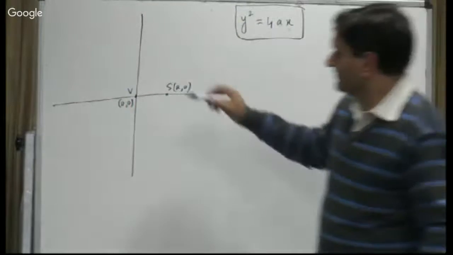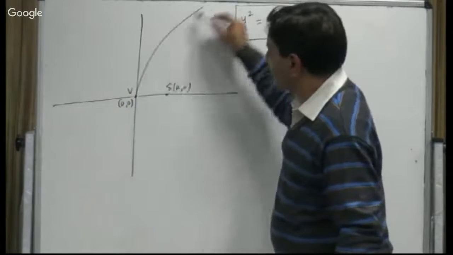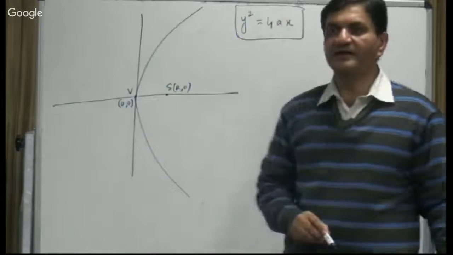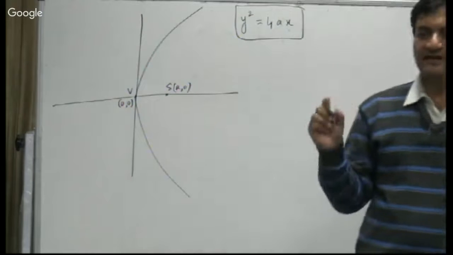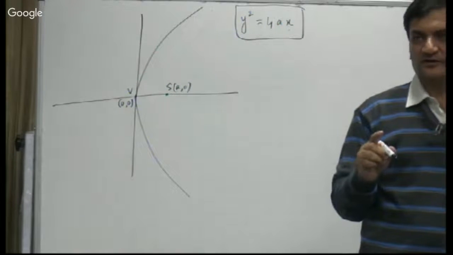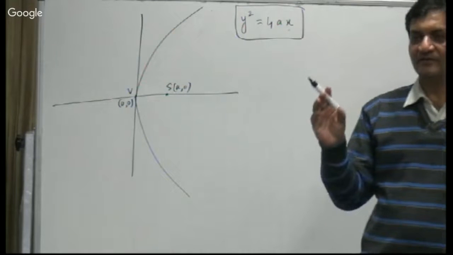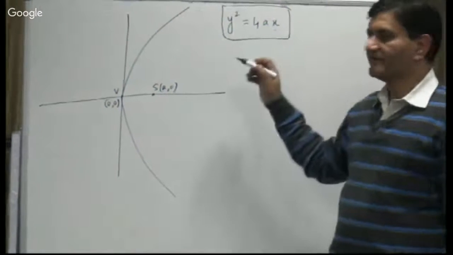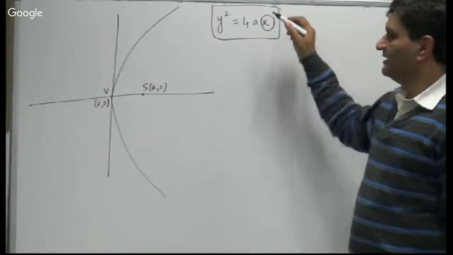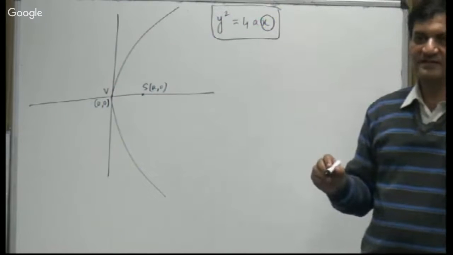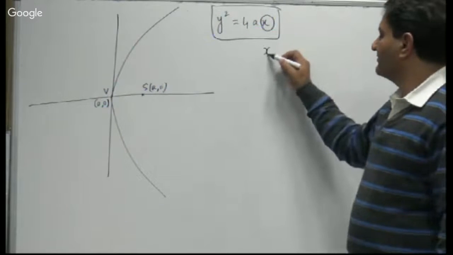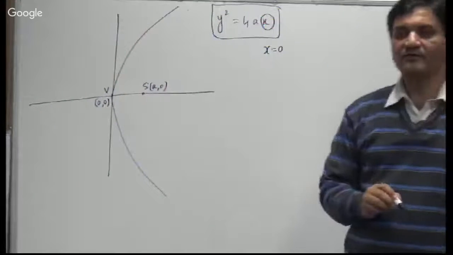Now see, if the shape of the parabola is like this, how do we obtain the equation of the tangent at the origin? The tangent at the origin is obtained by equating the lowest degree terms to 0. If you consider this equation, what is the linear term here? x. The lowest degree term is x, so you equate x equal to 0. What is x equal to 0?